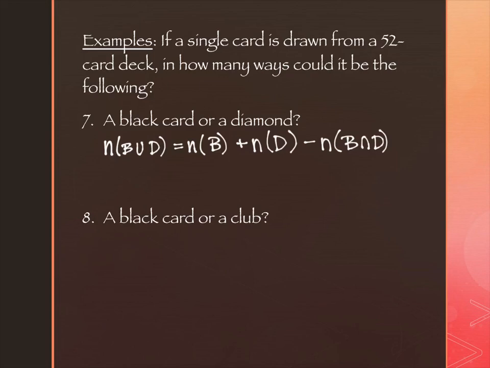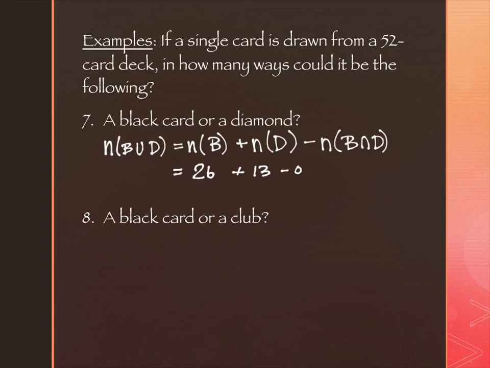How many black cards are there? 26, right? That's the same as the red card question we had before. How many diamonds are there? 13. How many black diamonds are there? 0 unless you're skiing. A black diamond is a slope on a ski slope. It is. Yeah, there is 0.